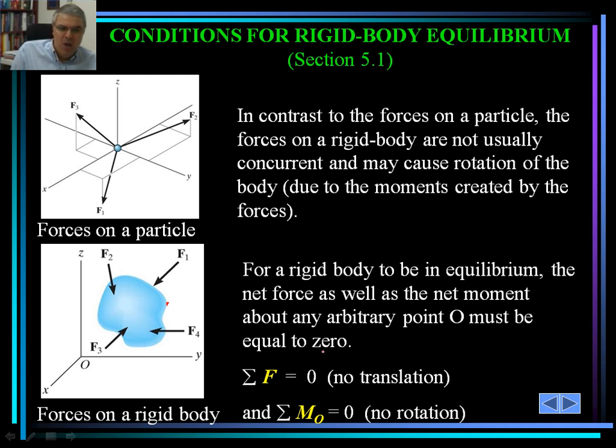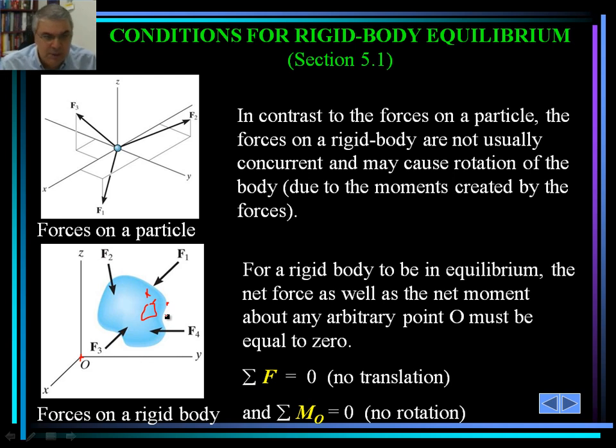If I also take the moment about any point on the body or outside the body, the summation of that moment about the point, either O or O prime on the body itself, should be zero.